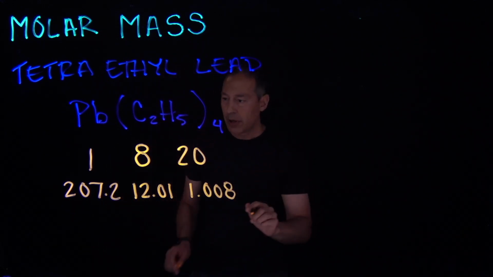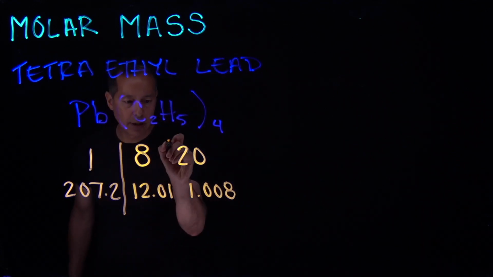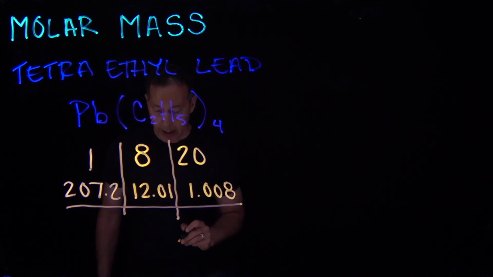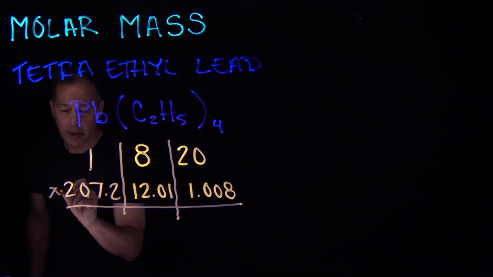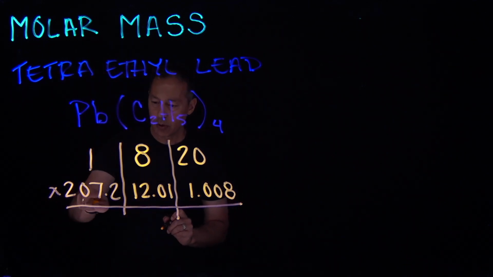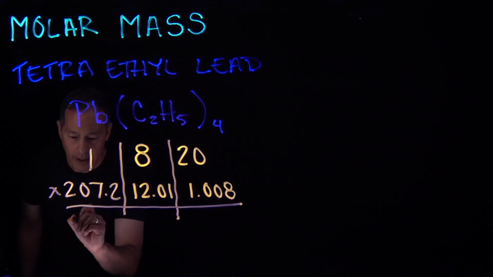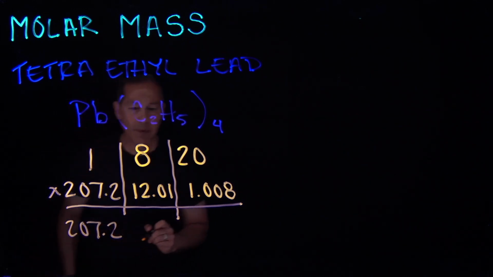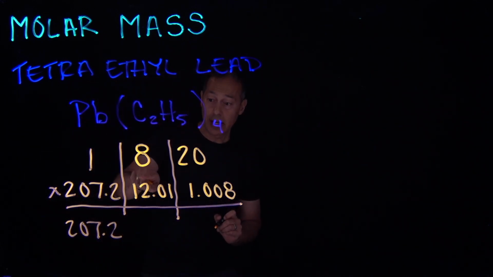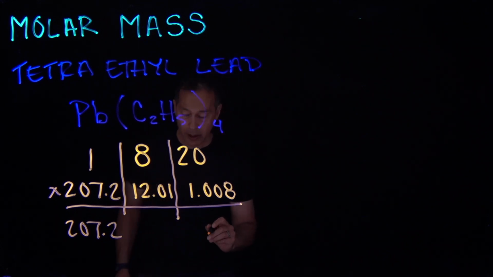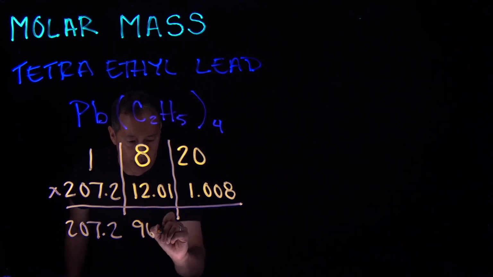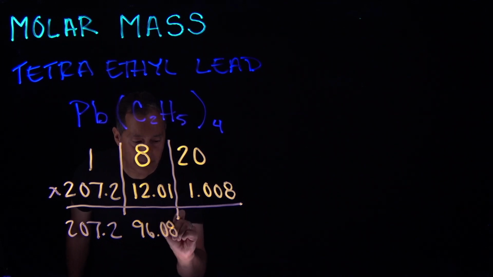Okay, here we go. And I'm going to multiply these out. So I will have 1 times 207.2, and that'll be 207.2. And then I'll have 8 times 12.01, which will give me about 96.08.